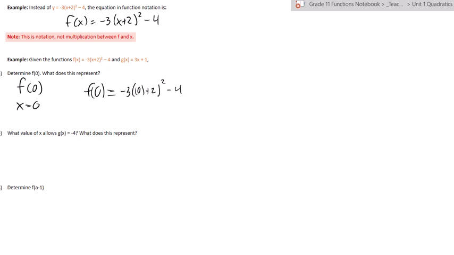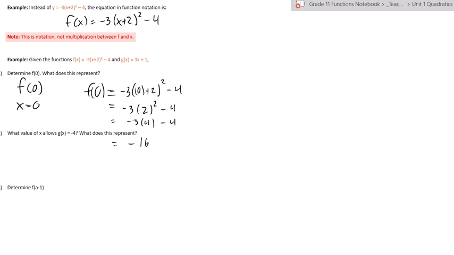And then you would just go ahead and simplify. That's equal to -3 times 2 squared minus 4. That's equal to -3 times 4 minus 4. And then that's equal to -12 minus 4, which is -16.